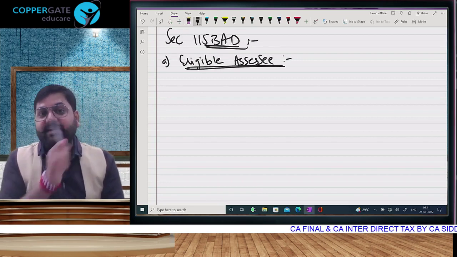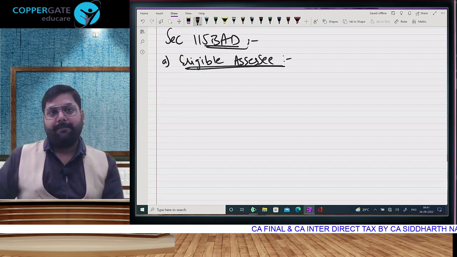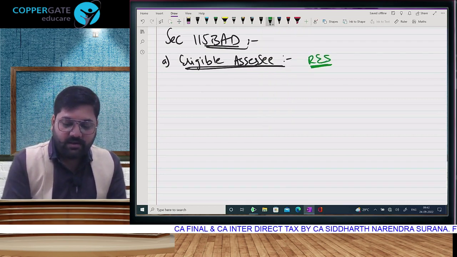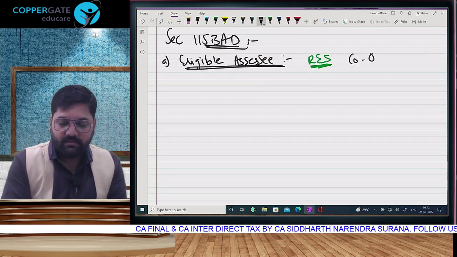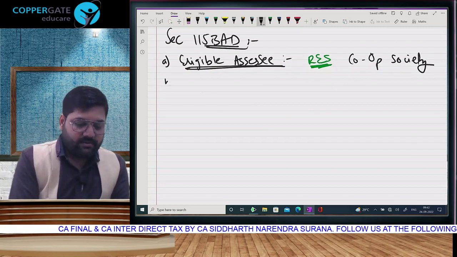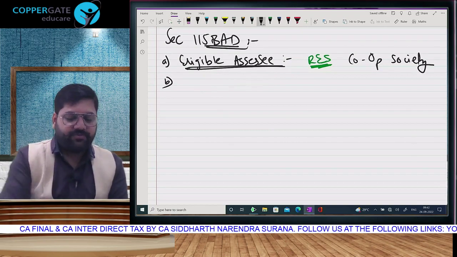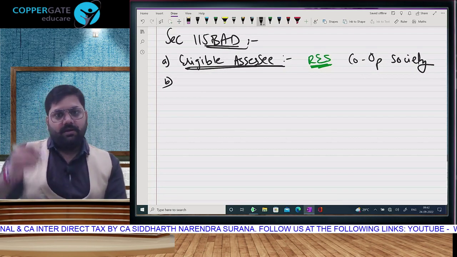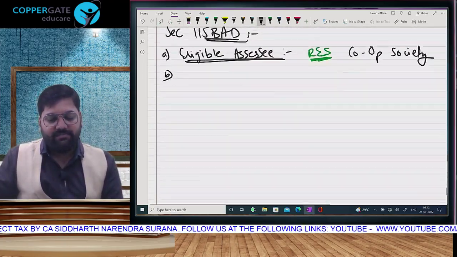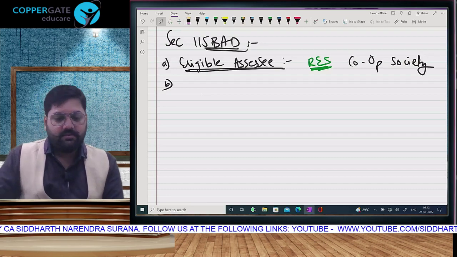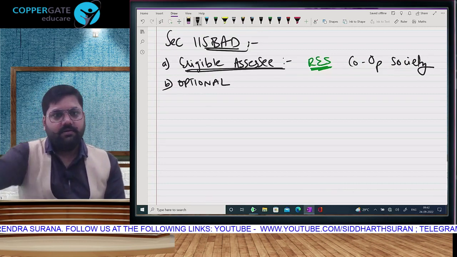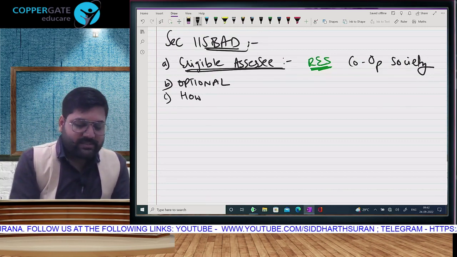Cooperative society बोला ना तो now I will say wrong. रेजिडेंट कोऑपरेटिव सोसाइटी, करेक्ट है. Second question, is 115 BAD for cooperative society compulsory or optional? See, points are same, whatever we wrote here, 115 BAC points are same. Compulsory or optional? Correct. Third point, how to exercise.